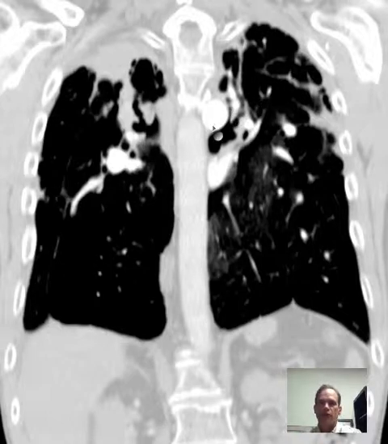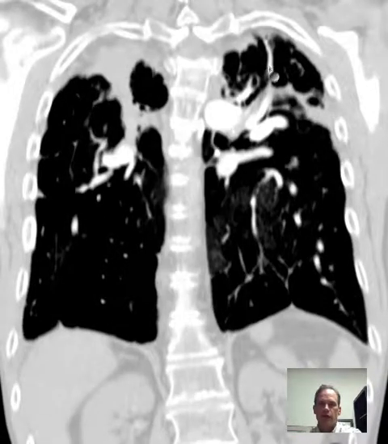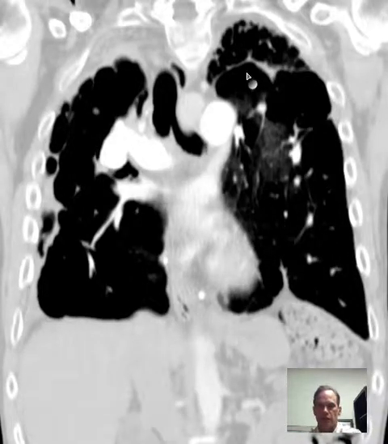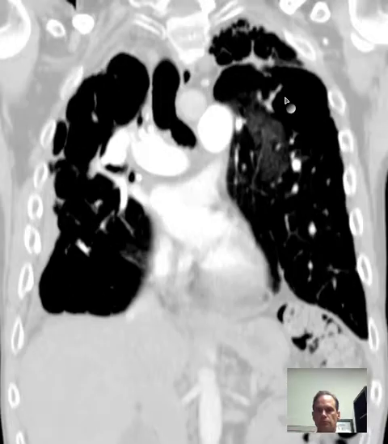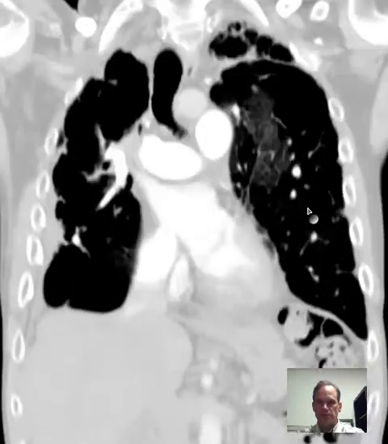So there's hilar retraction here, secondary to bilateral apical fibrosis. And this suggests chronic inhalational exposure to silica or coal mining, or may just be due to a more fibrotic version of pulmonary emphysema. But you see there's some pleural thickening in other portions of the chest as well.